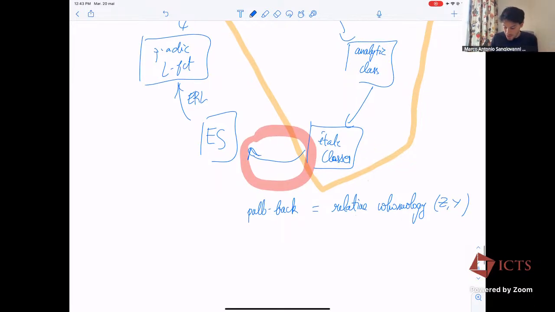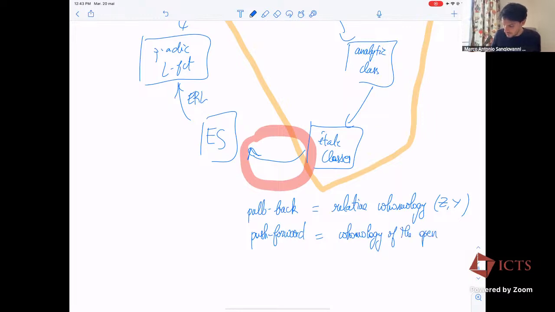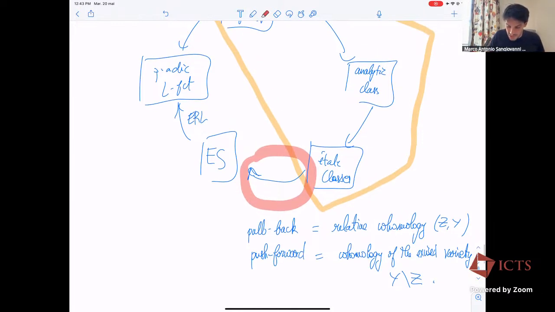But here, in the push-forward case, one should consider rather the cohomology of the open variety. So Y excised, Y without Z, okay? And then also the explicit reciprocity law.